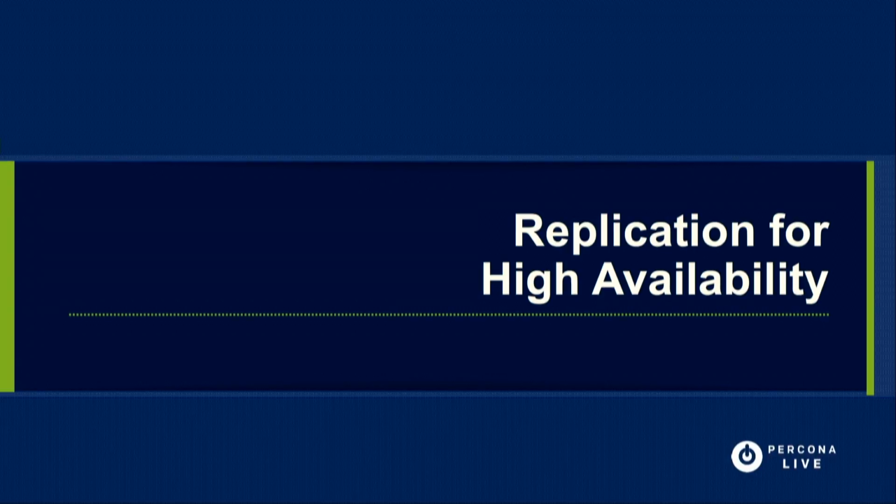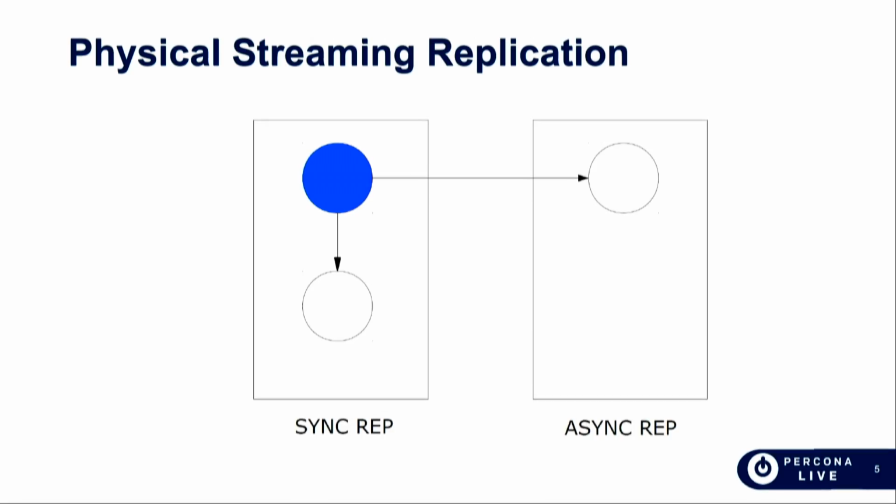Replication for high availability is the first topic that I'm going to talk about. This is in many ways similar conceptually to the way MySQL works in terms of high availability, but actually the under the cover details are quite different in various ways.